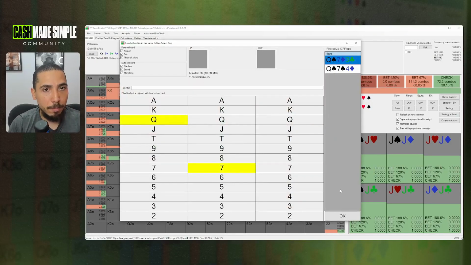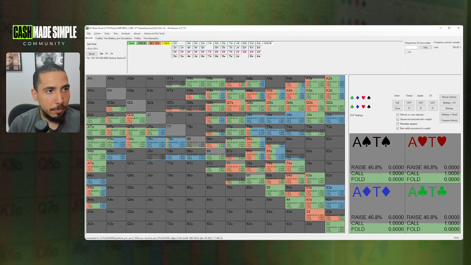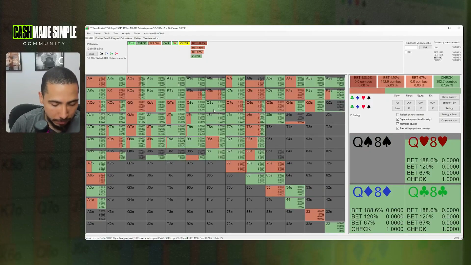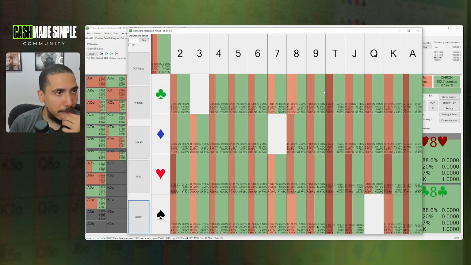So, for example, Queen 7-3 board, we're going to be betting range for a small size. Everyone knows that. If we take a look at the runouts that bring a Broadway, in this case, a 10, a jack, a king, there is a difference here, and it's not always 100%.